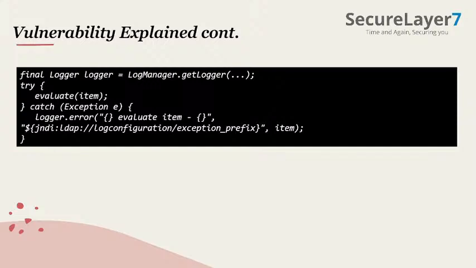Now think, we as an attacker are giving an RCE code to the application for logging, right? And once JNDI resolves that particular object and runs it in the JVM, we have remote code execution in our hands, right?